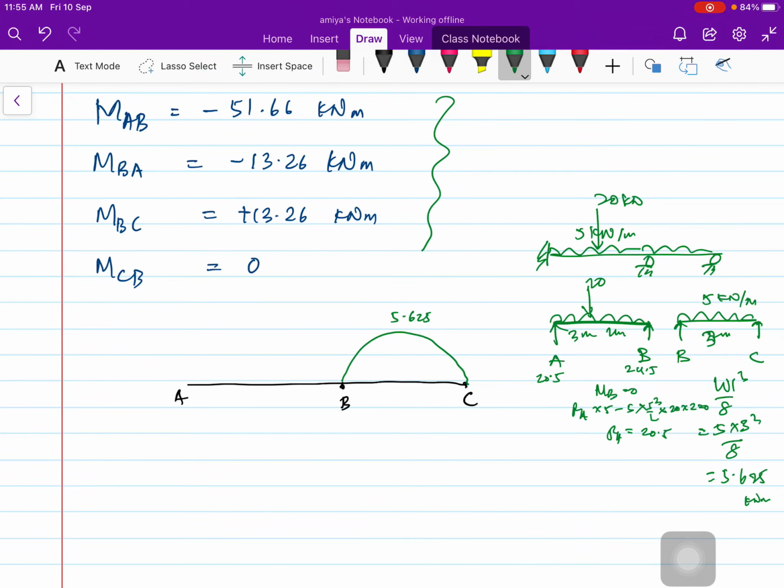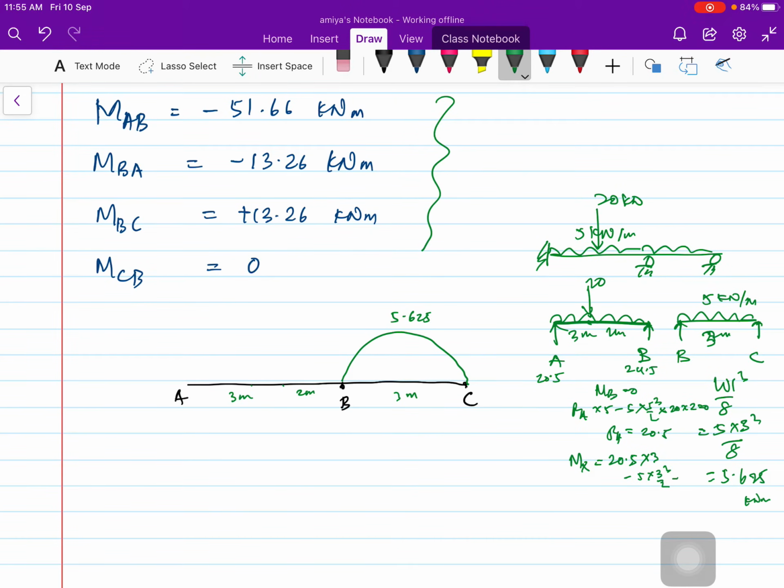So the moment under the load I'm going to calculate, where it is 3 meter and 2 meter. Under the load, this will be 20.5 into 3 minus 5 into 3 square by 2.